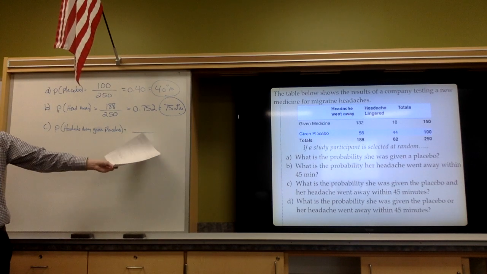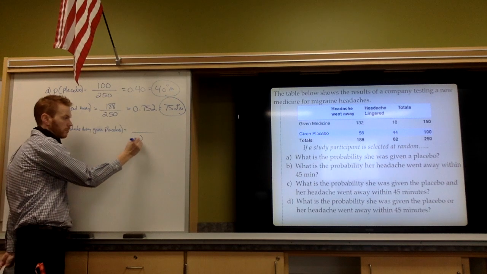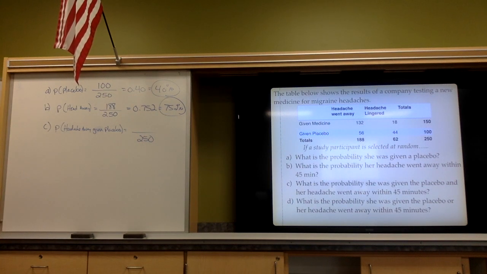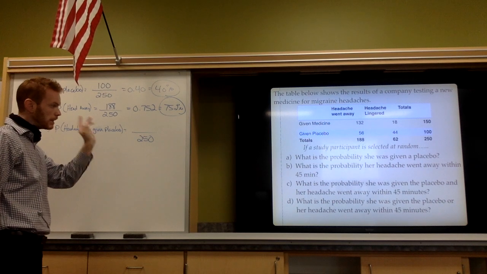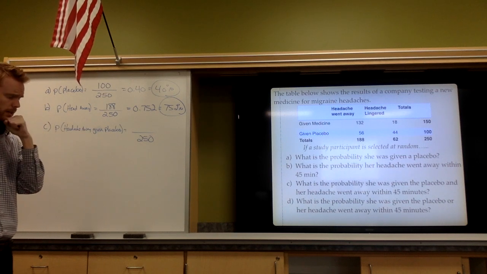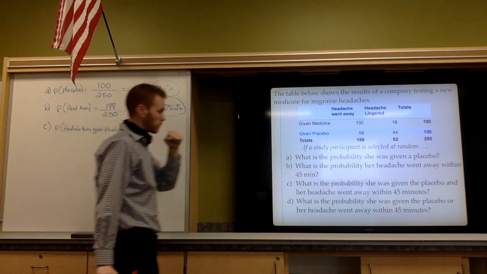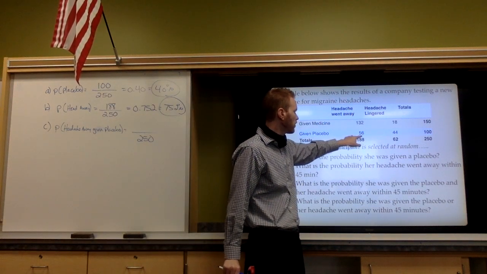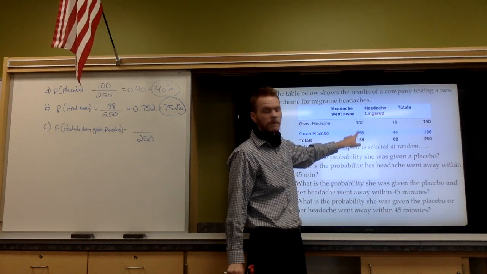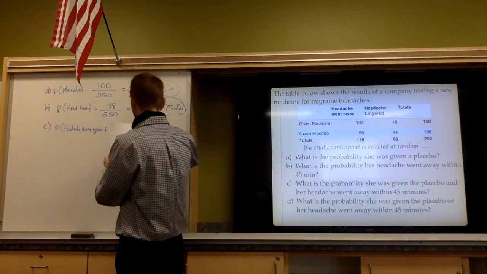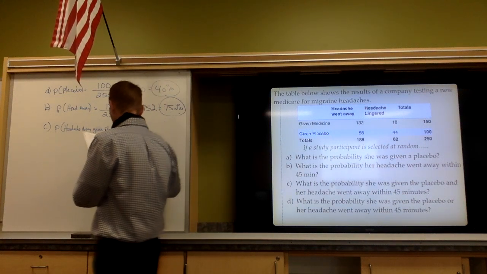Now, we're still going to put the 250 on the bottom, right? There's 250 people. Now, there's an intersection going on here. Headache went away given the placebo. How many people were given the placebo and their headache went away? Do you see that number on the table? It's right here. Given the placebo, headache went away. They both intersect at 56. There were 56 people that were given the placebo and their headache went away. So this one's going to be 56 out of 250.